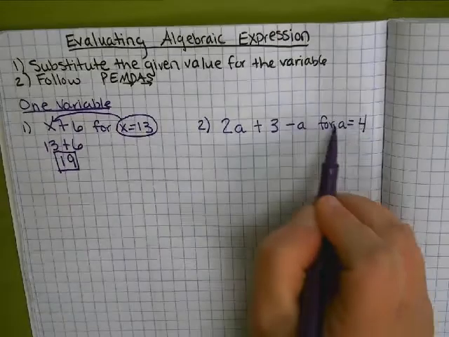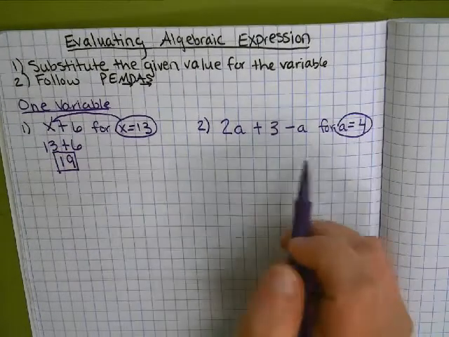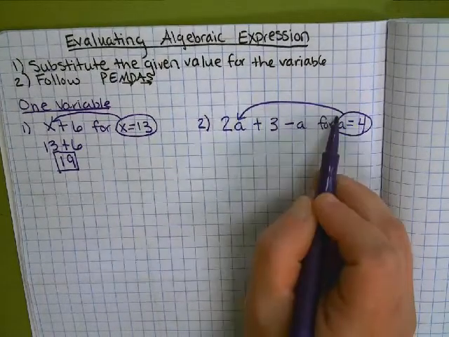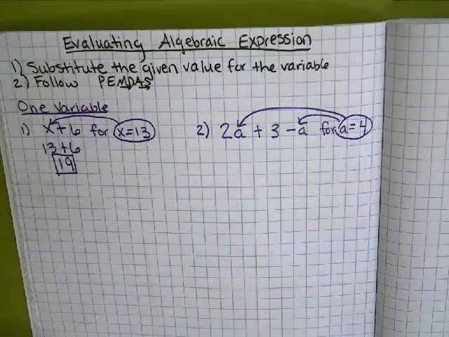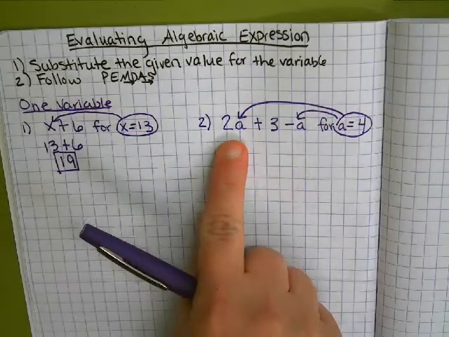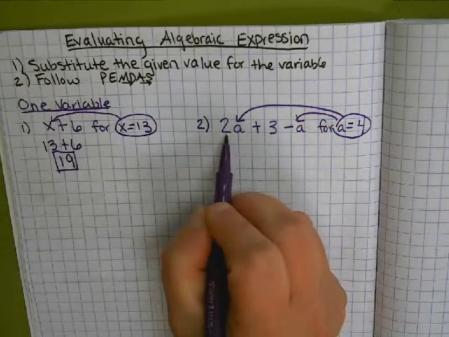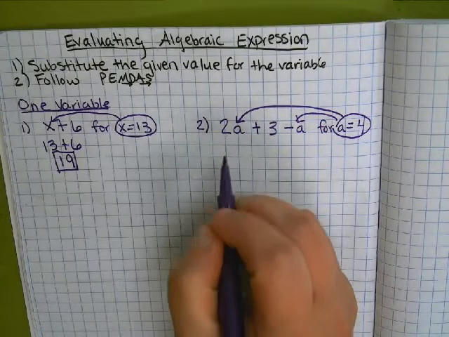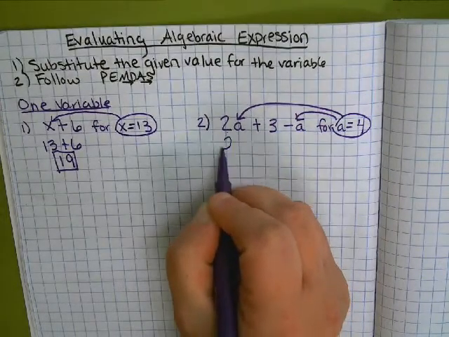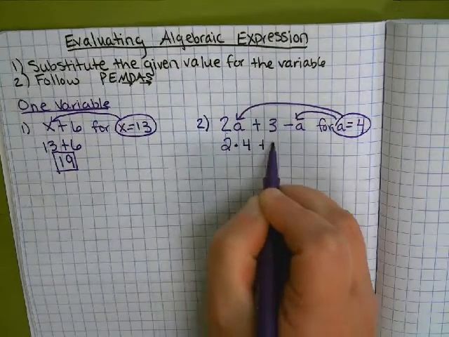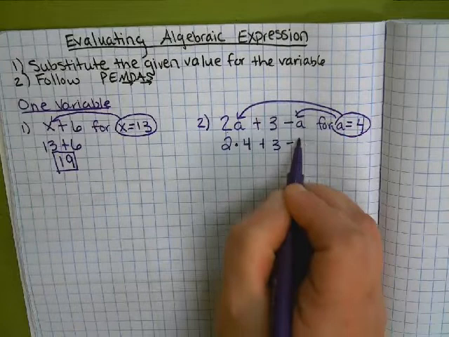So I know a is 4, so everywhere I see an a, I've got to put my 4 there. Now when we plug it in, this does not become a 24. No, no, no. That will not work. Remember, a number and a letter means multiplication. So that means 2 times 4 plus 3 minus 4.